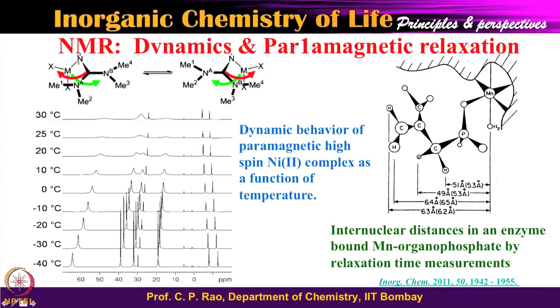On lowering the temperature, the exchange is more controlled, not so much change, and if you allow it to go to room temperature or a higher temperature, then this exchange will be very fast. You can also call this an exchange between one kind of species and another, the species on the left side and the species on the right side. What is the difference? The difference is the bound centers to the metal.